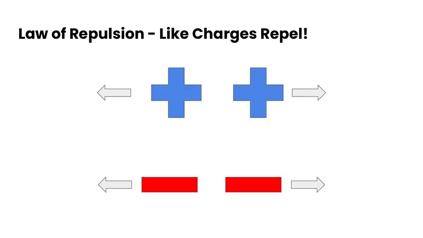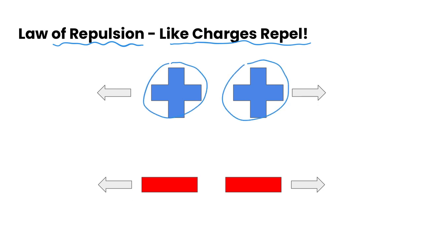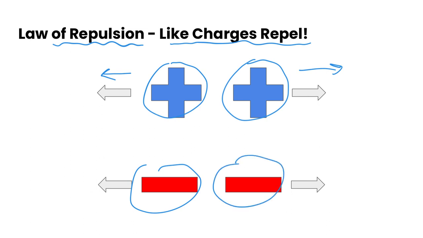The law of repulsion, on the other hand, says that like charges are going to repel each other. If you bring two objects close together and they both have positive charges, they're going to want to move away from each other. Same with two negative charges.